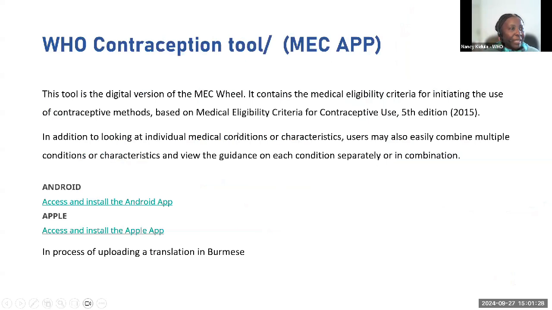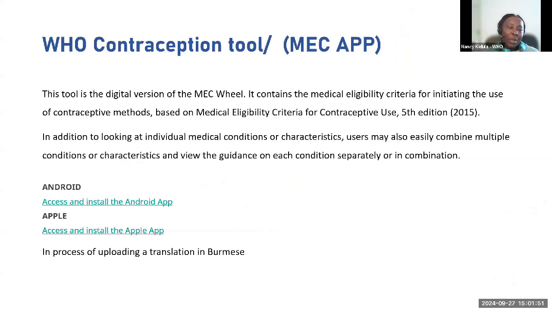Now, going quickly to the app. The app is called the WHO Contraceptive Tool. It is the digital version of the wheel, and it contains almost the same things. So in addition to looking at individual medical conditions or characteristics, it's easy in the app to combine multiple conditions or characteristics.